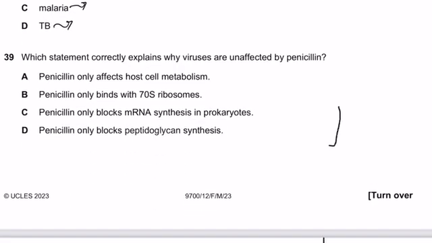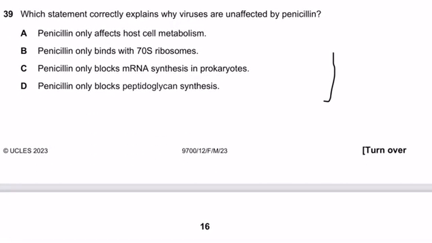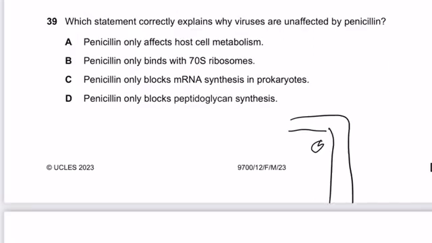That's 39. Which statements correctly explain why viruses are unaffected by penicillin? So here's the mode of action of penicillin for you to understand. There's an enzyme known as autolysins. Autolysins is an enzyme that breaks down the cell wall into basically blocks, in newly produced or young bacterial cells, just for growth to happen.